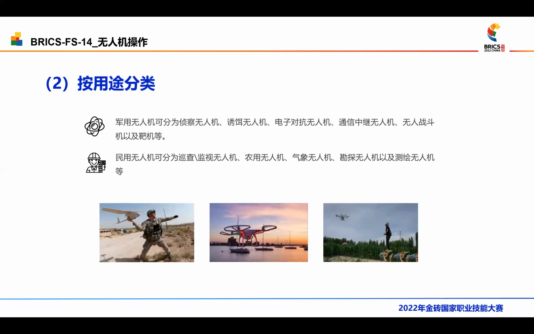Next, we can classify the UAV according to its usage. Military UAVs can be divided into reconnaissance UAVs, decoy UAVs, electronic countermeasure UAVs, communication relay UAVs, unmanned combat aircraft, and target drones. Civil UAVs can be divided into inspection and surveillance UAVs, agricultural UAVs, and meteorological UAVs. So it can be divided into aerial photography, plant protection, remote sensing, and inspection.